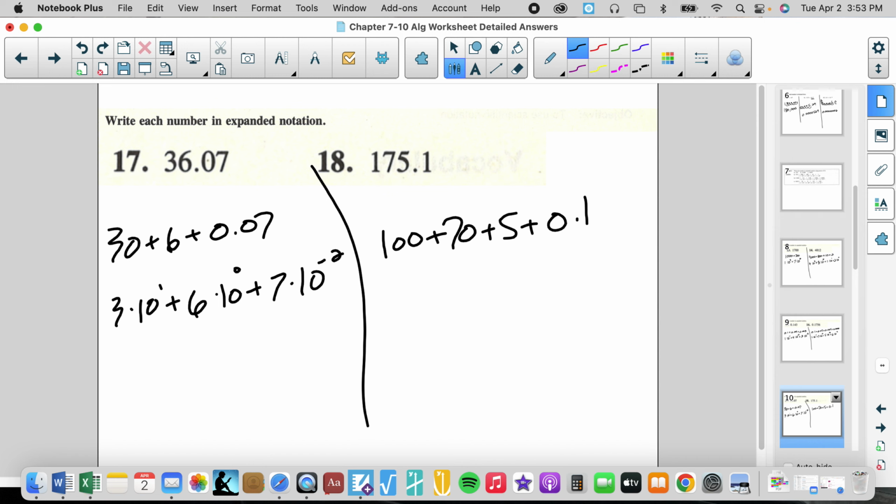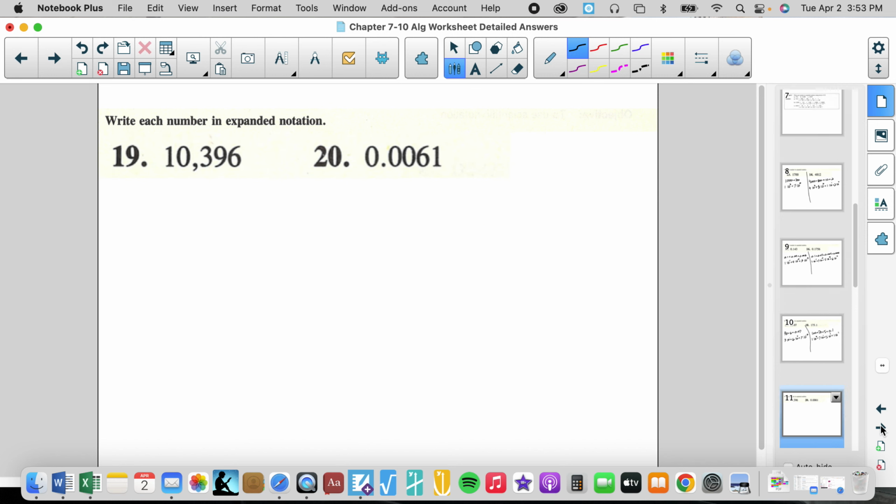This is 1 times 10 to the second plus 7 times 10 to the first, plus 5 times 10 to the 0, plus 1 times 10 to the negative 1.